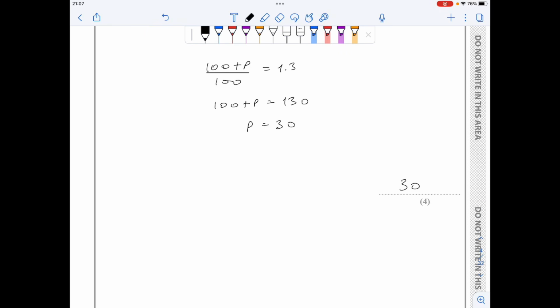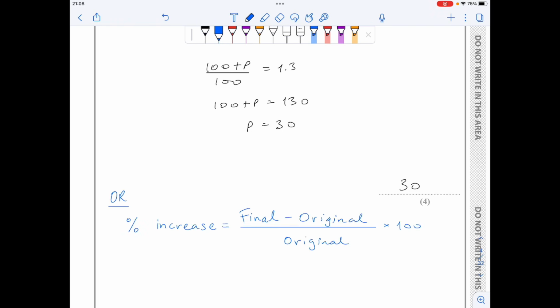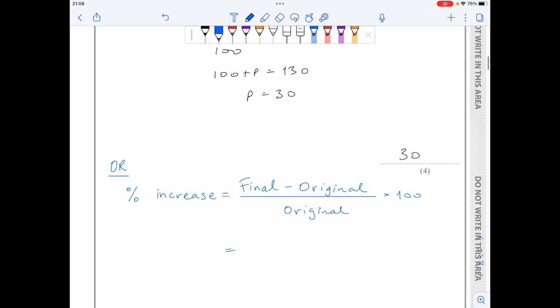Alternatively, you can use the fact that percentage increase is equal to the final amount minus the original, divided by the original, times 100. Hence, if I substitute, 936 minus 720 over 720 times 100 is equal to 30%.